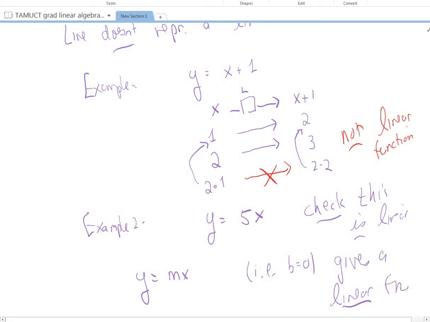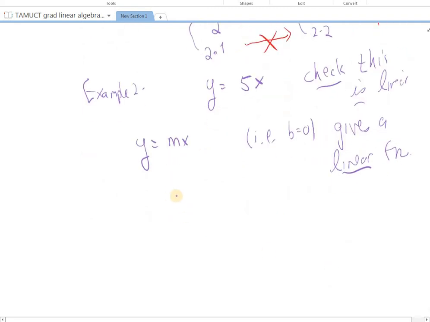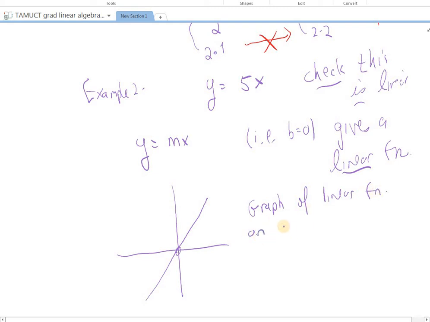Okay. So if you think about what this means graphically, this type of function, y equals mx, can be graphed as a line through the origin. So the graph of a linear function on one vectors is always a line through the origin.